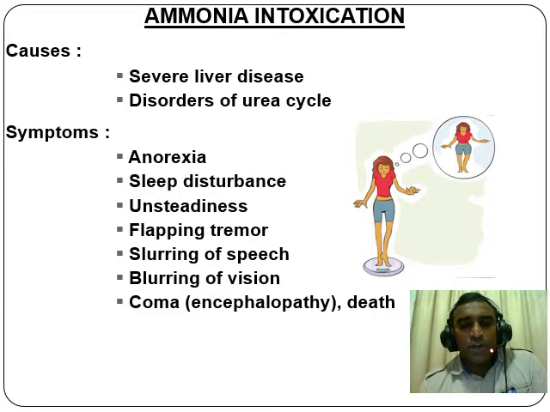So if anything goes wrong with the liver, an excess of ammonia could build up in the body. Also, in the urea cycle itself, perhaps one or two crucial enzymes being defective could also lead to accumulation of ammonia, and that could be intoxicating.